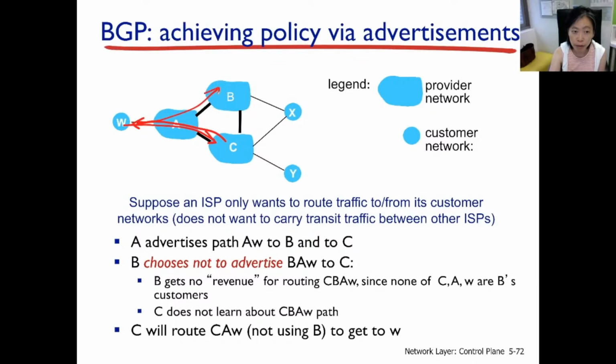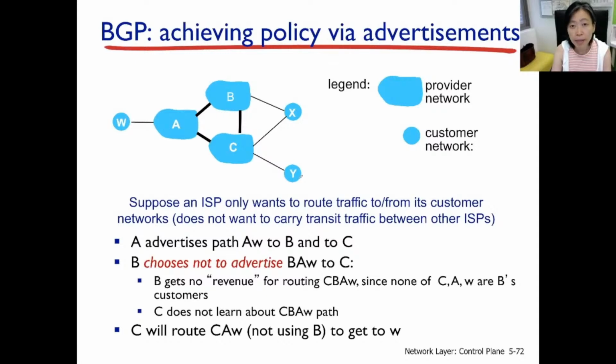So W pays A, and therefore A is responsible to serve W. Similarly, for this customer-provider pair, Y being a customer, C being a provider. X being a customer, B being a provider. Now, X is a little bit more complicated. It's a multi-homed customer network. So X here pays B and C. As a result, B and C should both be forwarding packets for X.